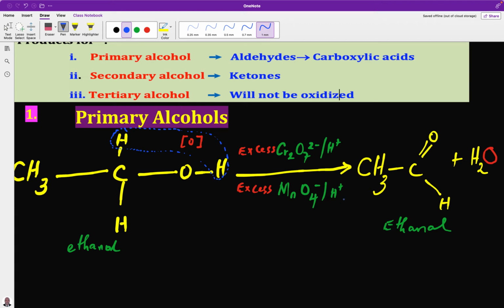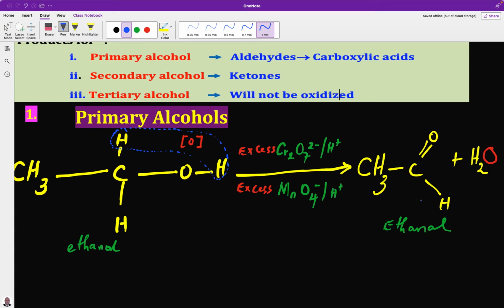If the alcohol used is in excess, the product formed is distilled immediately. The product formed must be distilled immediately.